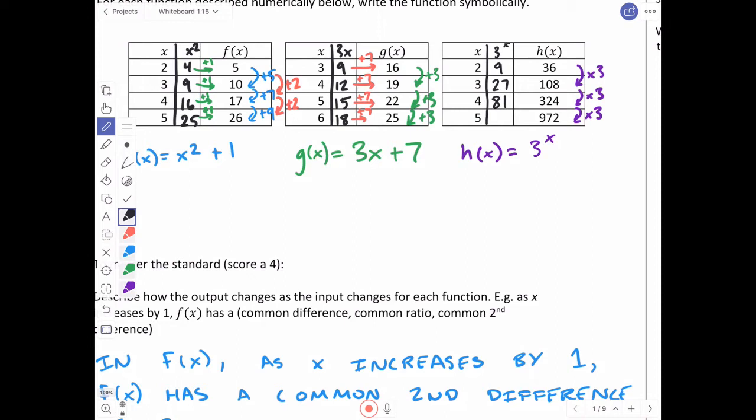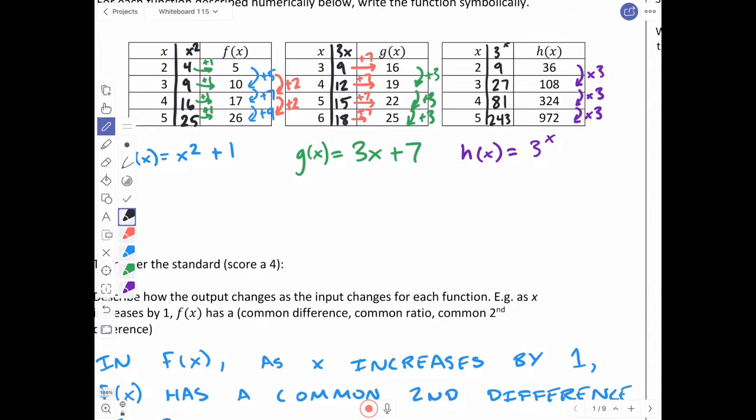And 3 to the fifth, I think, is 343. No, that can't be right. 3 to the fifth is 81, and 81 is 162, 243. That's what it is.